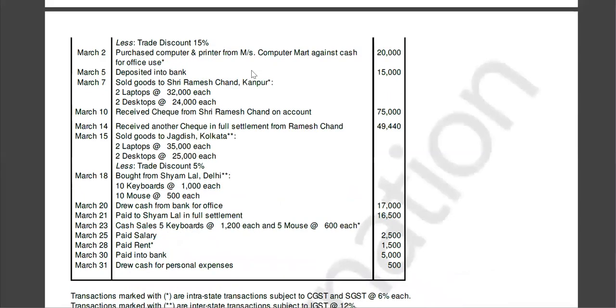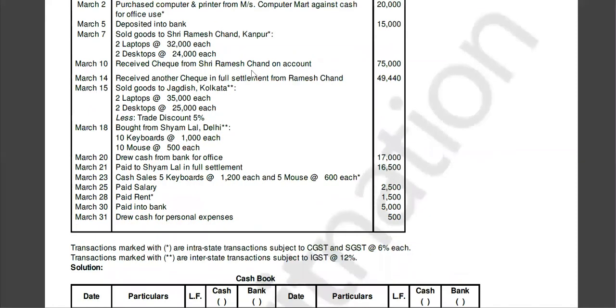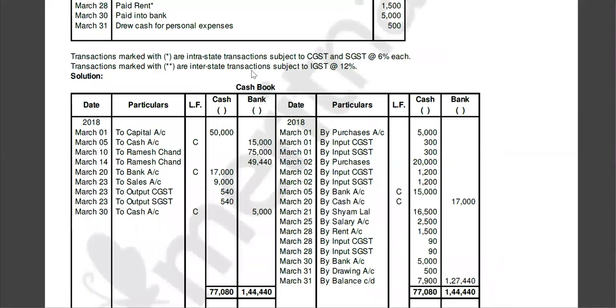Okay, let me start our sum. First step, as I already told you, cash book, purchase book. Under our sum there are no returns, no purchase return or sales return, so no need to open the purchase return book and sales return book.